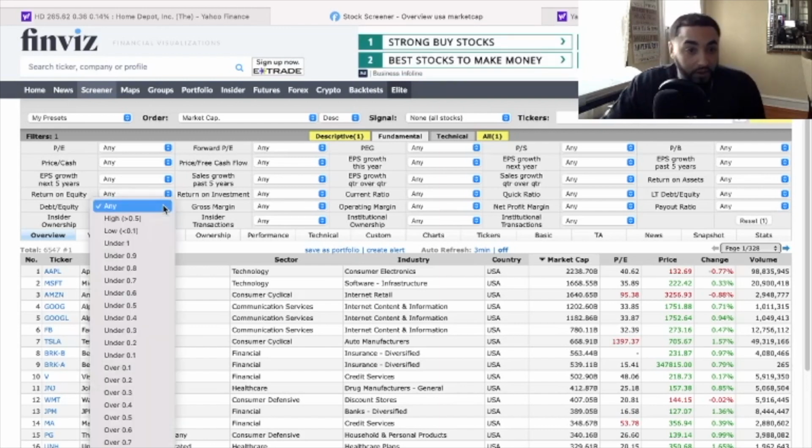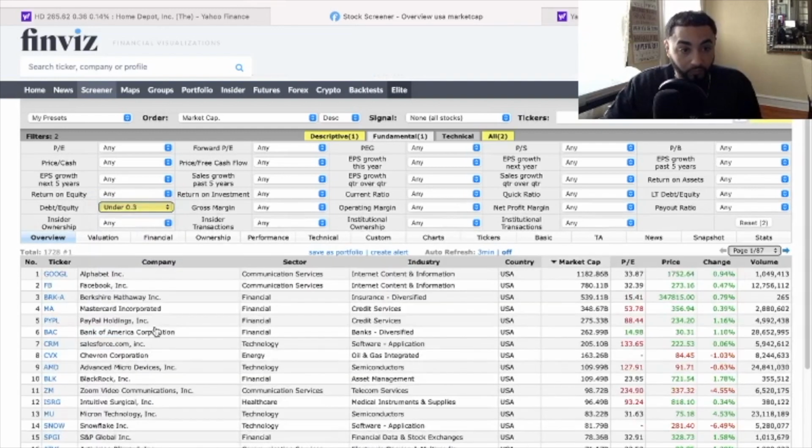But I like to usually start out my debt to equity under 5. But you can go a little bit lower if you need to filter out more stocks. So for this scenario, I'm just going to do under 0.3. You can see right away that cuts this down to 1,028.